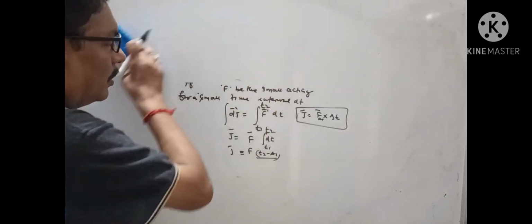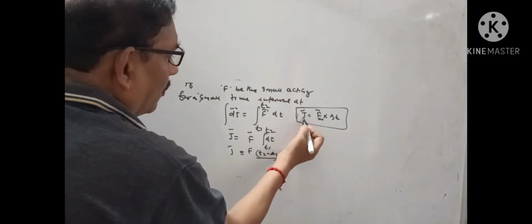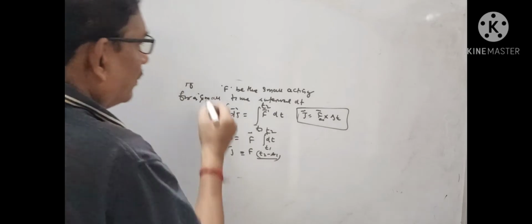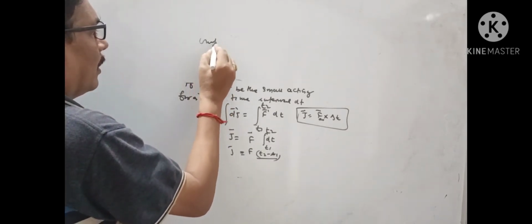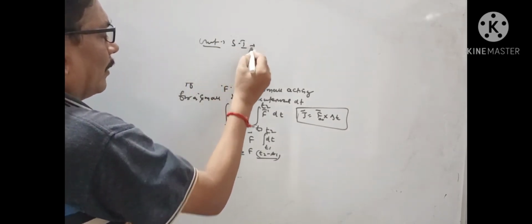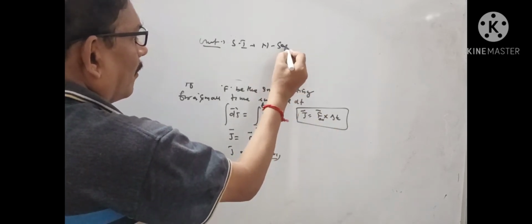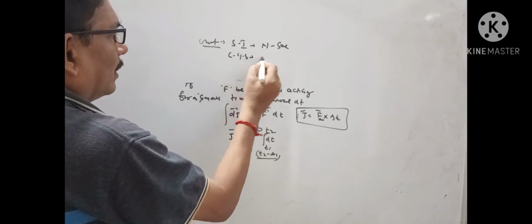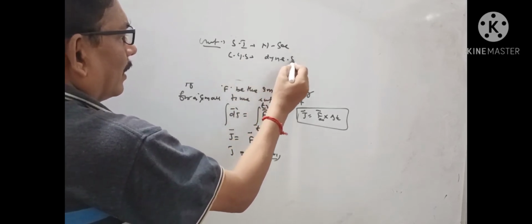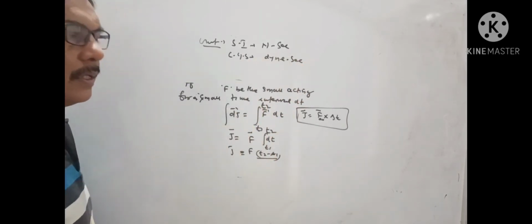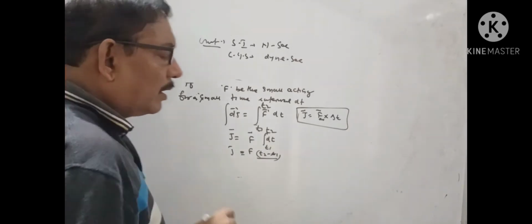Now, the unit and dimension of impulsive force J. Unit in SI: force is expressed in newton, time in second. In CGS, it is dyne and second. Same as the unit of momentum. Clear?